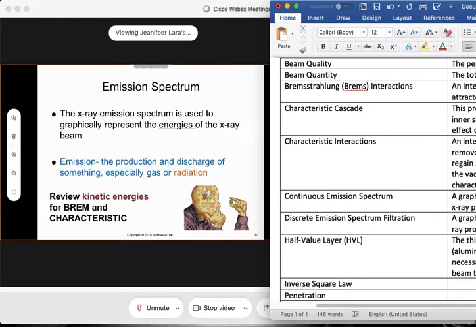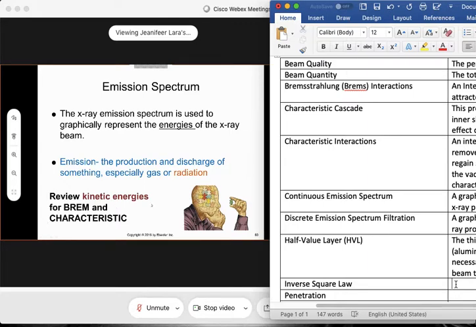So there's a vacancy there, and then all the other electrons on the outer shells cascade in. They all fall into place to fill in the void. Cascading produces characteristic photons.